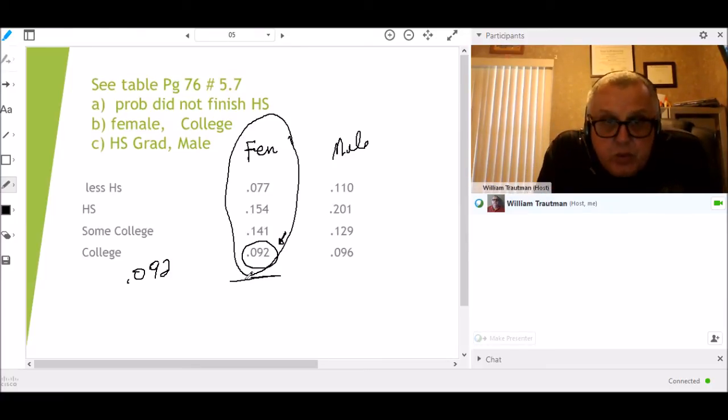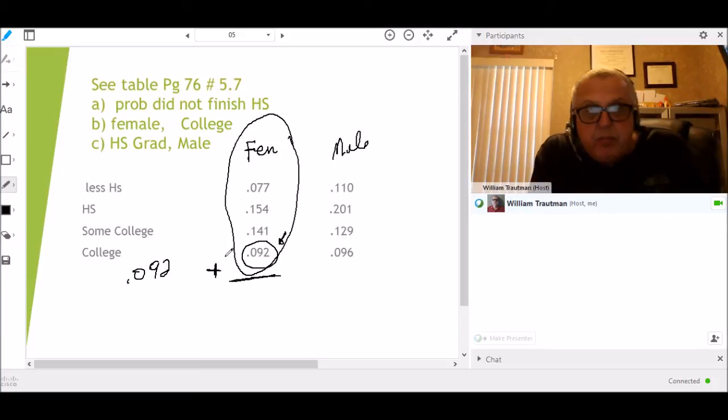So I'm going to add up the females. Add up all the percentages of the females. 0.077 plus 0.154 plus 0.141 plus 0.092.